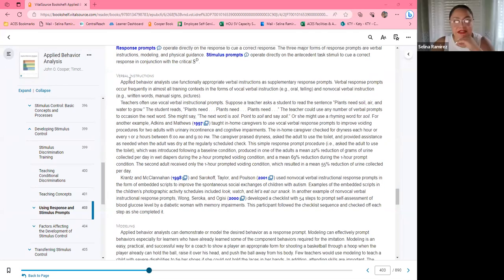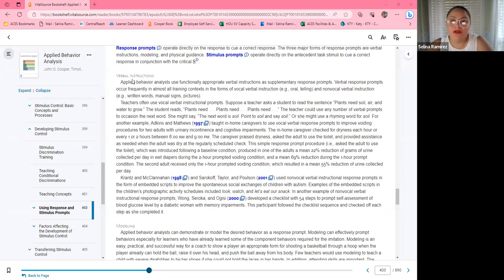Okay, so let's go into verbal instruction. So we use functionally appropriate verbal instructions as supplementary response prompts. Verbal response prompts occur frequently in almost all training contexts in the form of vocal verbal instruction.